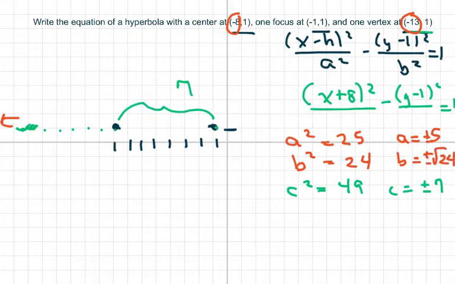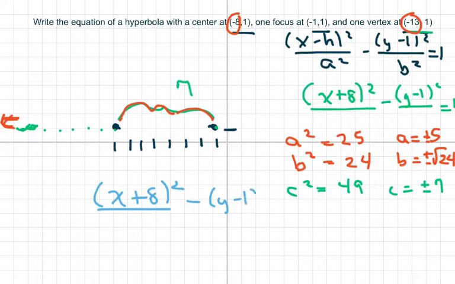All right? And they just want the equation, so I really didn't draw this. I just wanted to get an idea of how this looks, so I know how to write the equation. So basically, I'm going to write this again. I have x plus 8 squared over 25 minus y minus 1 squared over 24 equals 1.